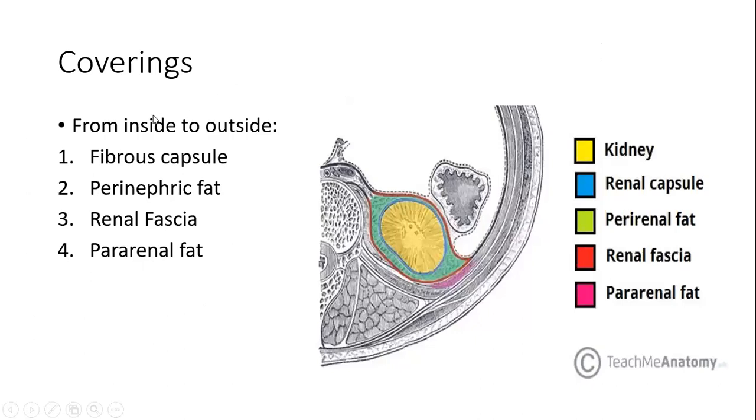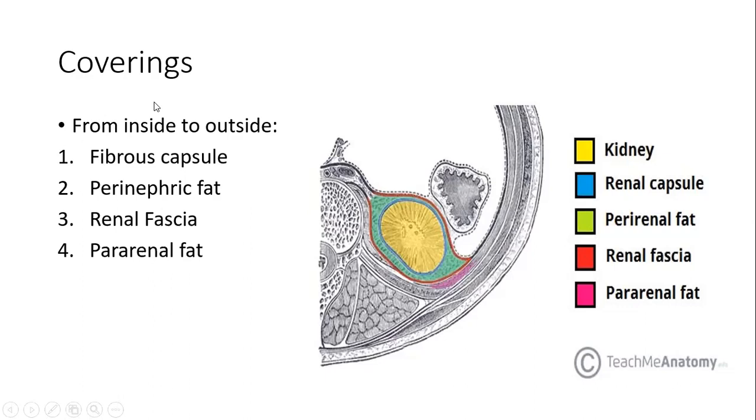The coverings of the kidney: each kidney has a few coverings or layers that surround it. These coverings are very important for a medical student to know because they are often asked in the Viva examination and in the MCQs part of the written examination.